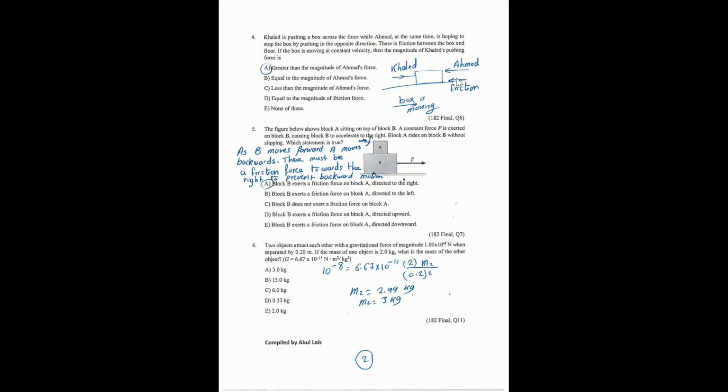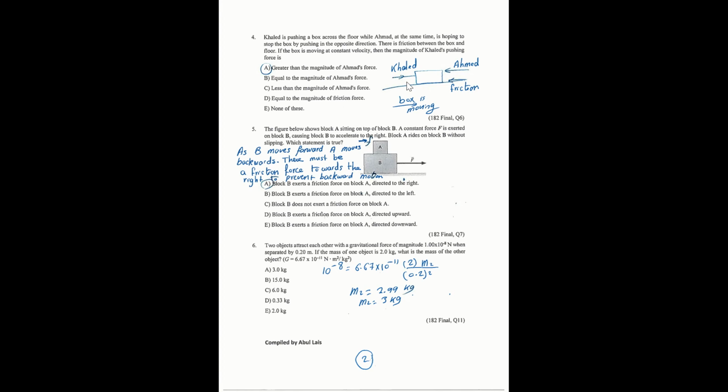So I have Ahmed and the friction moving in the opposite direction to Khalid. However, despite there being a force from Ahmed and a force from the friction, this box is still moving at a constant velocity. So what does that mean? It means that the force of Khalid is greater than the force of Ahmed.